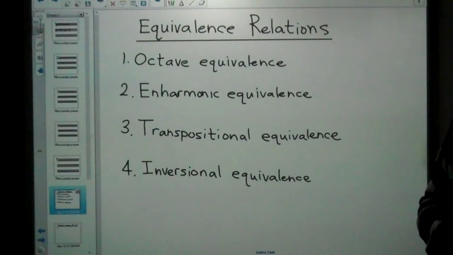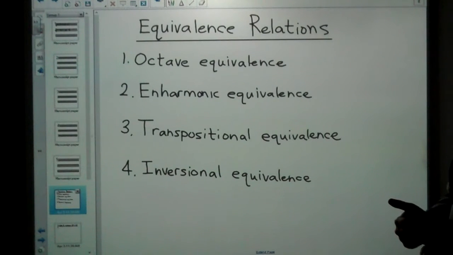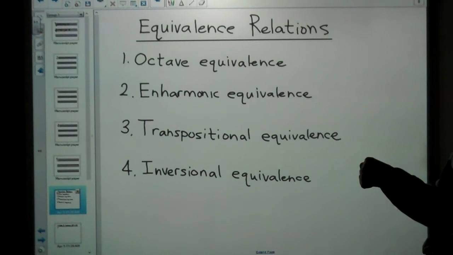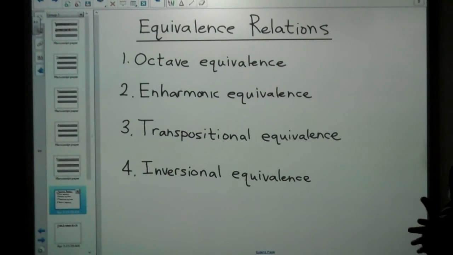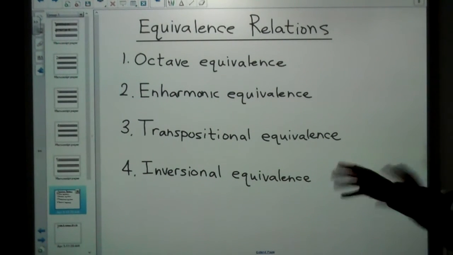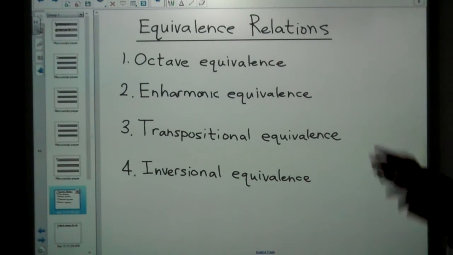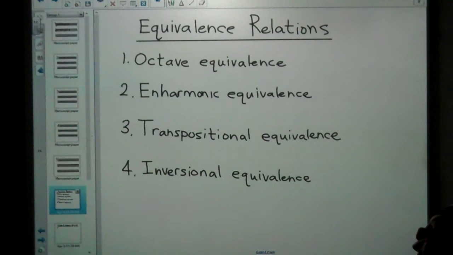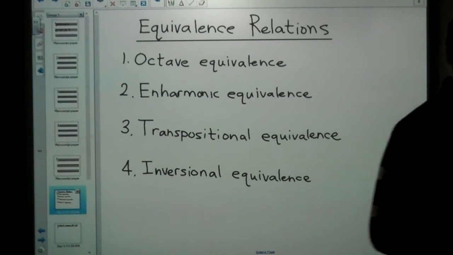It's just that the direction is different. In one version, the intervals go up and then down. In another version, the intervals are the same size, but they go down and then up. So again, that one's a little harder to wrap your mind around, but it is true. Inversional equivalence does hold, and it is a property that is true in atonal music.